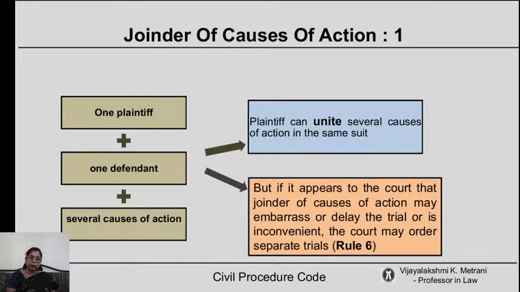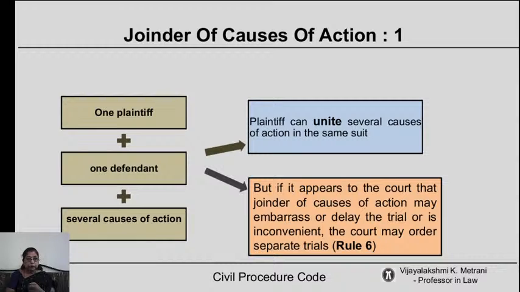So order 1 and order 2, when we discuss together, what are the situations where we can join? We can join parties, we can join causes of action. How can we join both? What are the conditions and what are the restrictions on that? So first situation, there is one plaintiff, there is one defendant, and there are several causes of action. That is the situation. Then what can happen is plaintiff can unite several causes of action in the same suit.